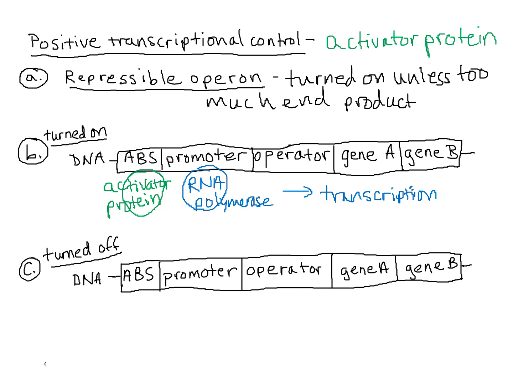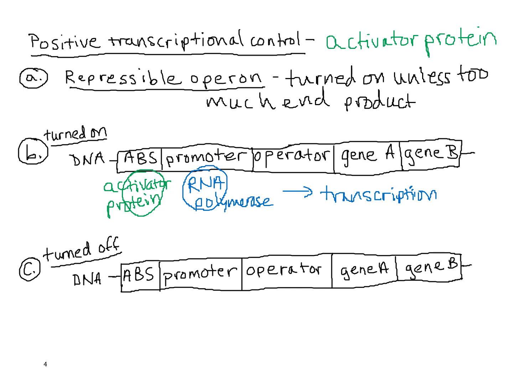Okay, and then part C of the question would ask, how would this operon be turned off? So how we want to turn it off would be if there's too much end product around. Maybe we made too much of whatever the end product is. So we need to figure out how to get the activator protein off of the activator binding site.